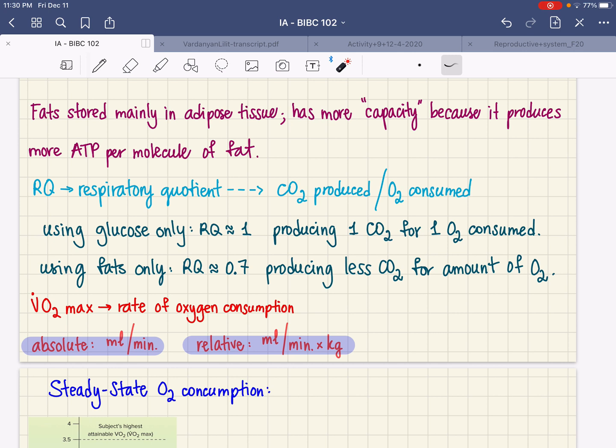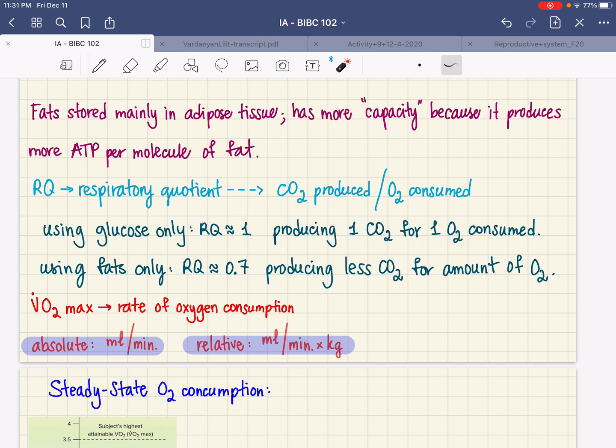So the quotient talks about the amount of carbon dioxide produced over the amount of oxygen consumed. So if this person's RQ is 1, this means that they are producing 1 molecule of carbon dioxide for every 1 molecule of oxygen they consume.